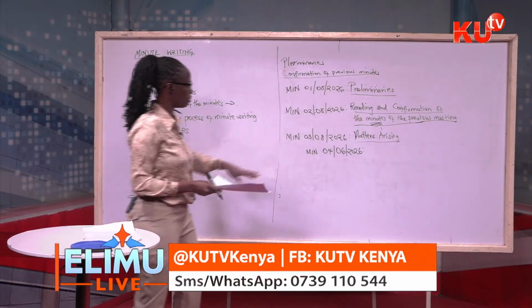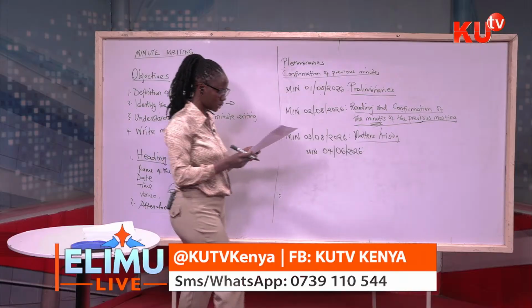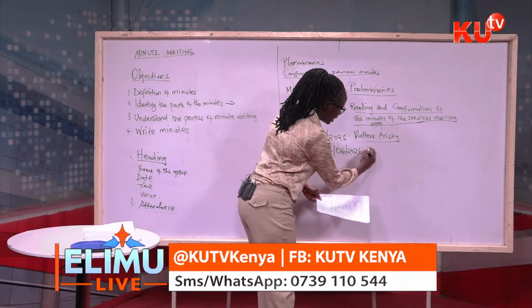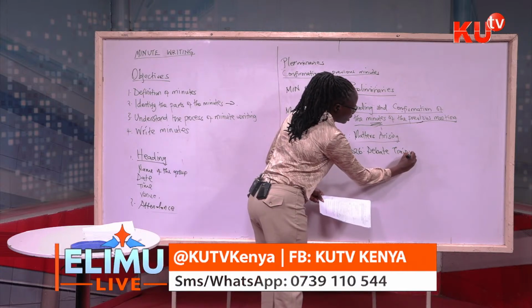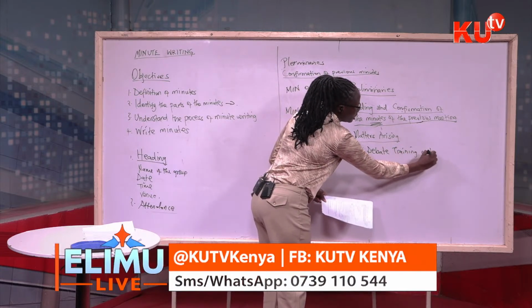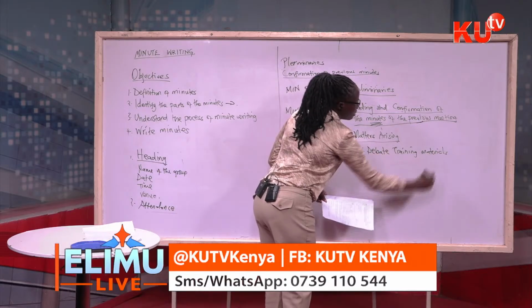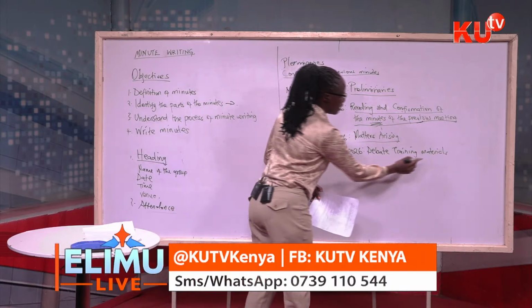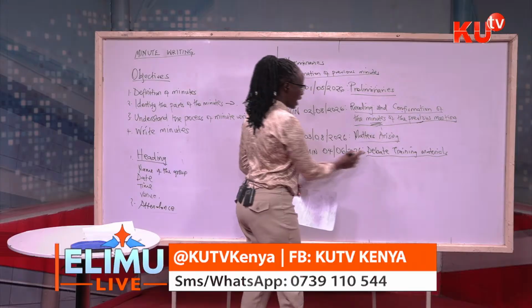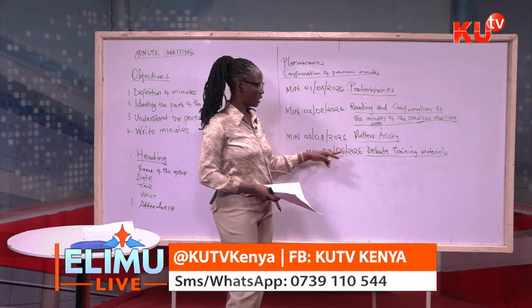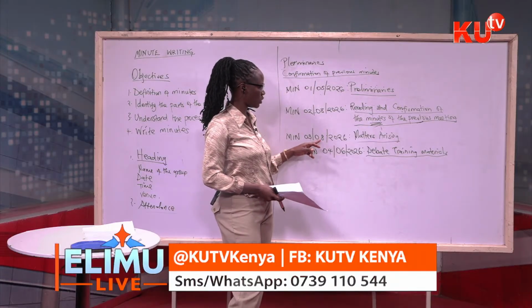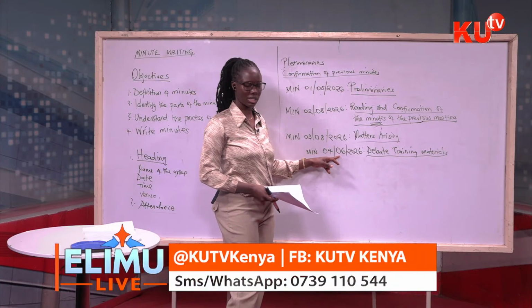So for instance, let's assume that minute 4 in our previous meeting was about debate training materials. See, during your previous meeting, under minute 4, you can see that the number here has changed. It's no longer 8, but it is 6.